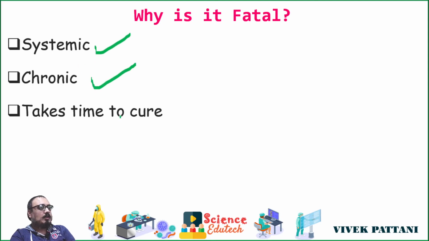Second, it is chronic and takes time to cure. As per CDC, it is a rare disease, but the death rate is as high as 54%. That means from 100 patients of mucormycosis, only 46 will survive.